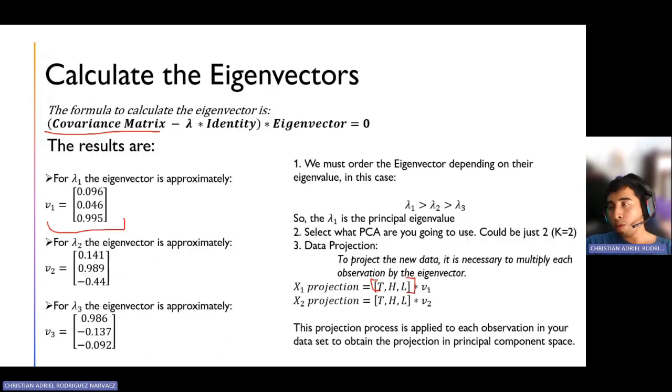All of this is multiplied by b2, because we selected two eigenvectors: for lambda 1 its eigenvector is b1, and for lambda 2 its eigenvector is b2. This is why we multiply each observation by the PCA that we already selected.